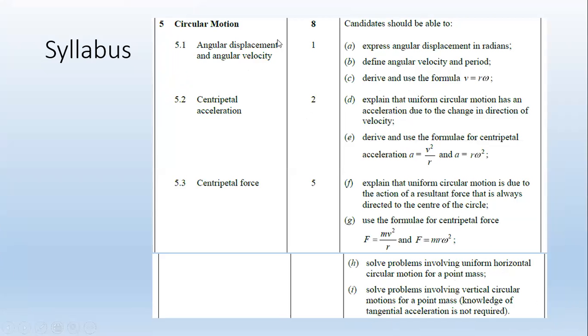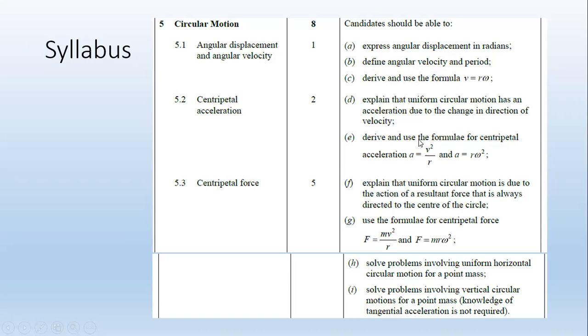As far as the syllabus is concerned, we have angular displacement and angular velocity: express angular displacement in radians, define angular velocity and period, derive and use the formula. Then we go to centripetal acceleration: explain that uniform circular motion has an acceleration due to the change in direction of velocity.